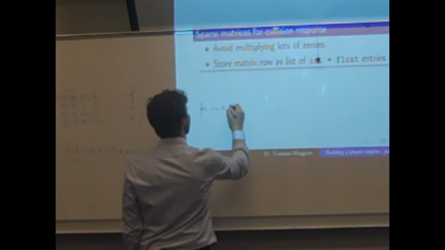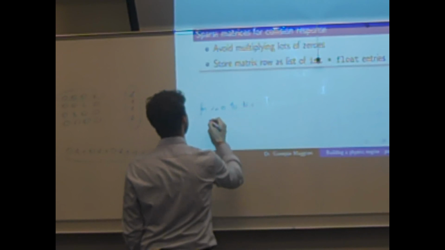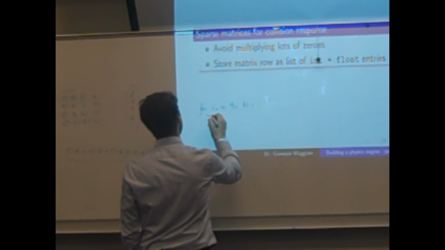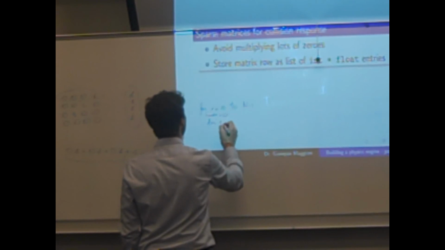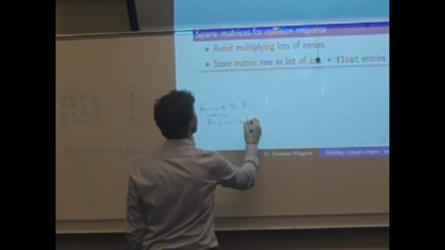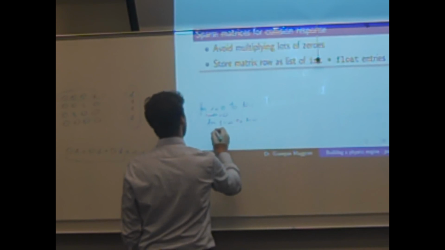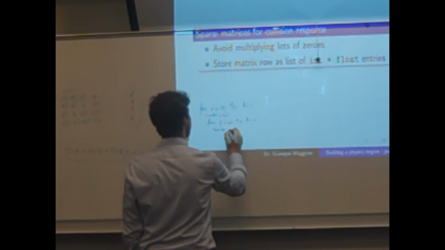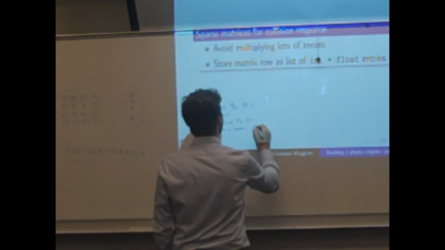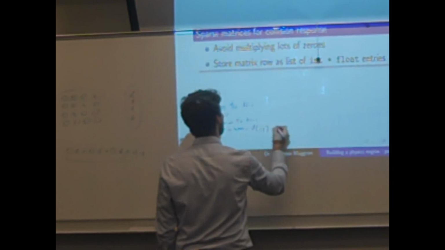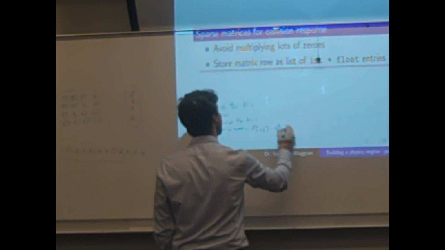For i equal to 0 to n minus 1, sum is equal to 0. For j equal to 0 to n minus 1, sum is incremented by a of i j multiplied by b of j. This looks better.